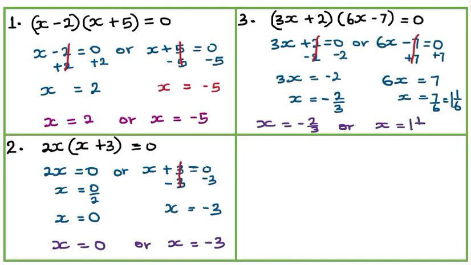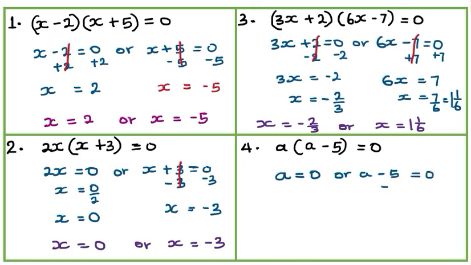Let's get our final example. Let's have a into a minus 5 is equal to 0. So we say that a is equal to 0, or a minus 5 is equal to 0.